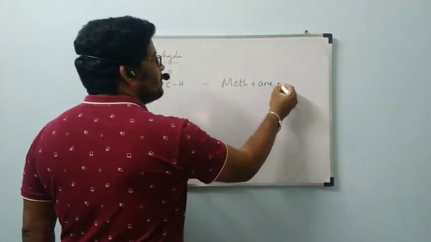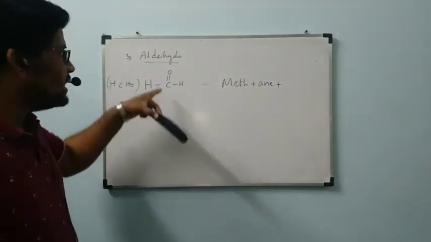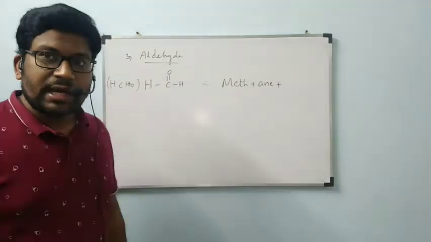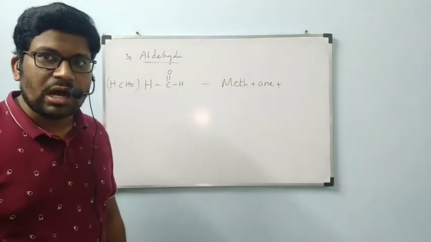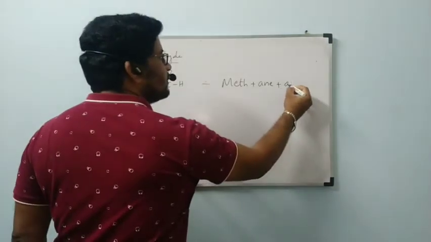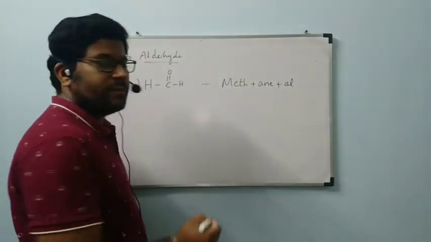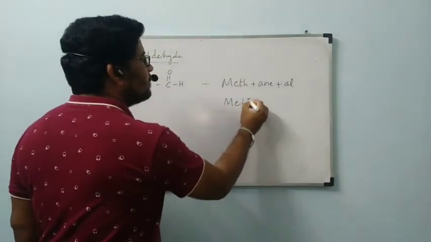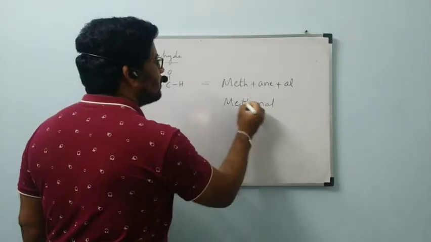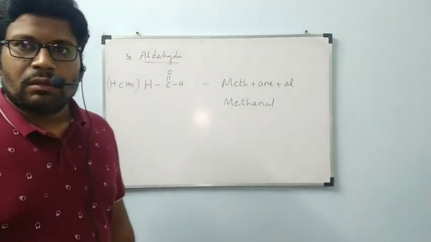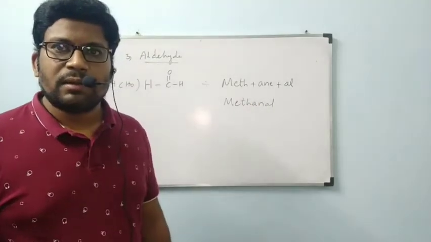Methane plus, it is aldehyde group, CHO. If aldehyde group is there, what is the secondary suffix? Al. Join that al here. Then the name of this compound will become methanal.